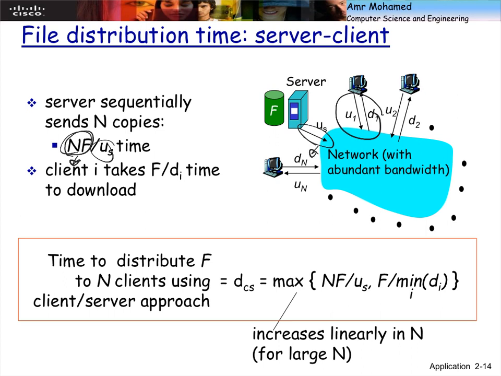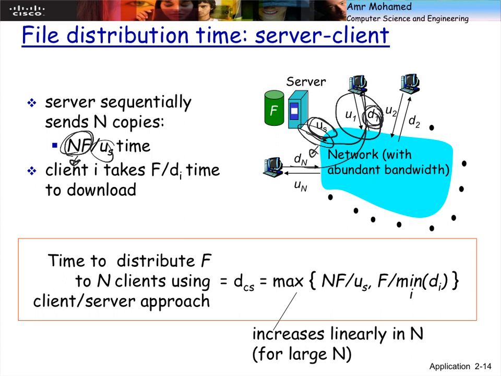Except that if one of the clients has a download speed which is really a bottleneck, in which case the rate, as we said, the speed on this connection, is defined by the bottleneck speed. So it's either US or DI on any one of them.